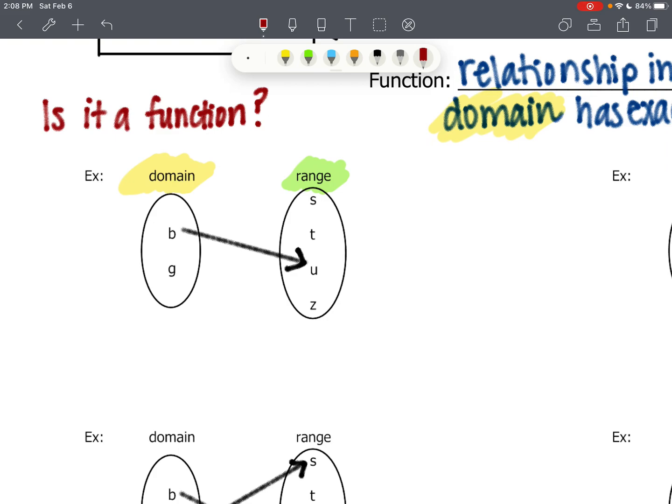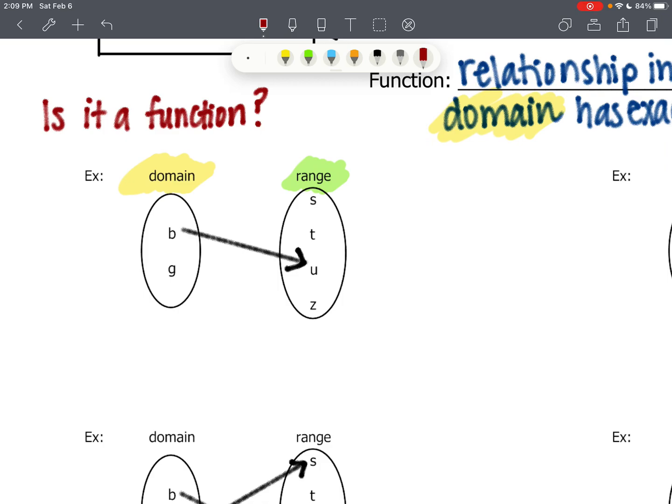So we look at this first example. There are two elements in the domain, B and G. Only B is being used. So B is being put into this rule, and after it has the rule applied, its output is U. So one output of U.